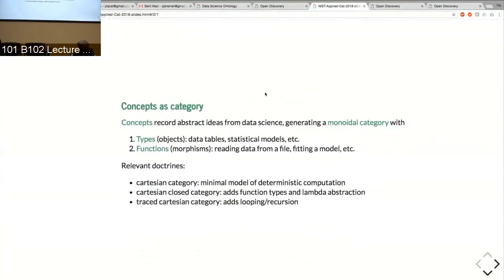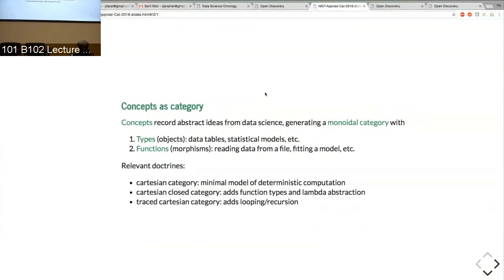There are two kinds of things that exist in this ontology. One are concepts, familiar to the general area of knowledge representation. Concepts are supposed to systematize the general ideas that exist in the domain of data analysis. And the concepts are organized into a category, a monoidal category.